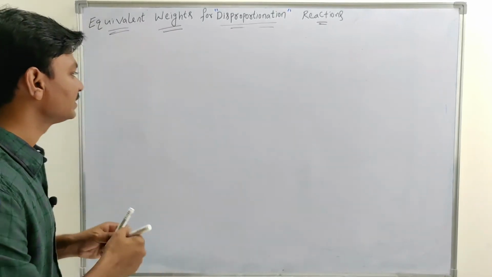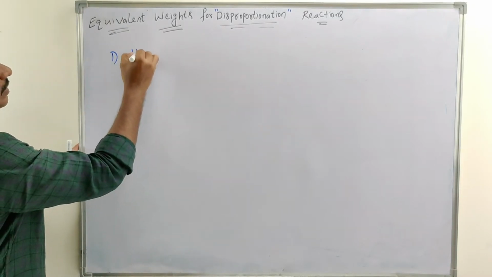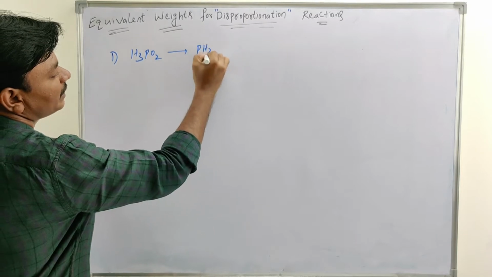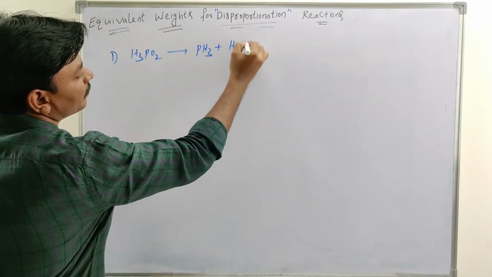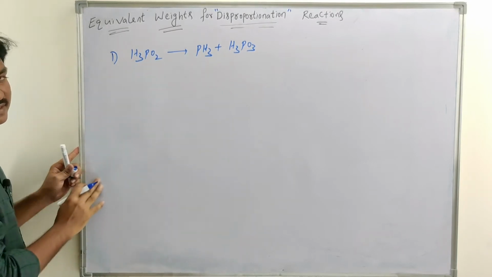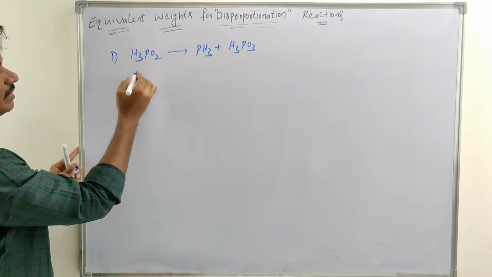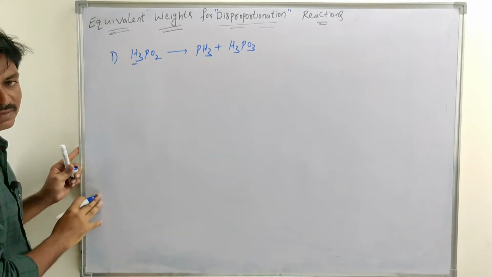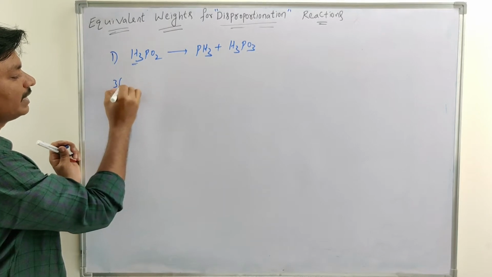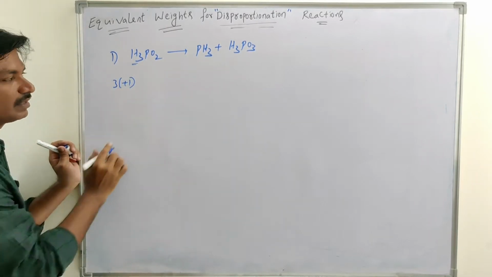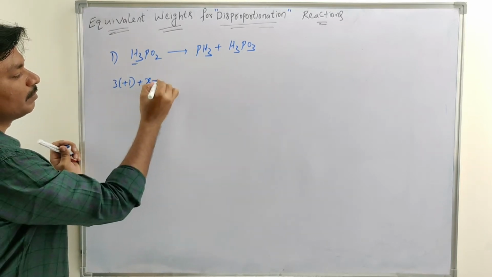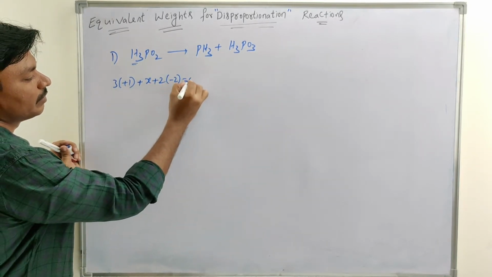Here is one example: H3PO2 converts into PH3 and H3PO3. In H3PO2, phosphorus is the central atom and its oxidation number is X. Here 3 hydrogen atoms are present, each having +1 charge, that is 3 into +1, plus X, plus 2 into -2, equal to 0.